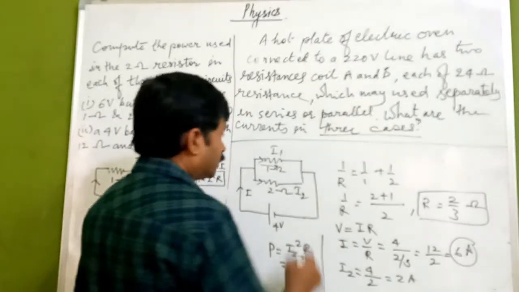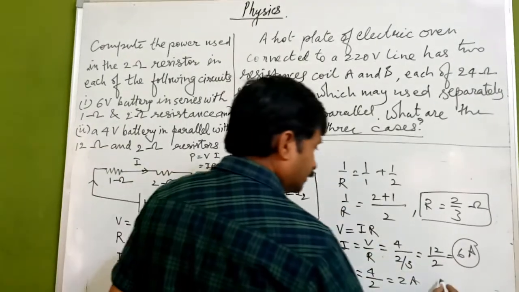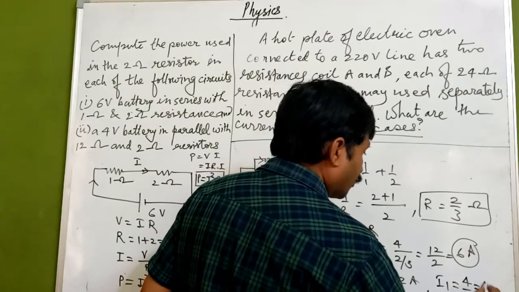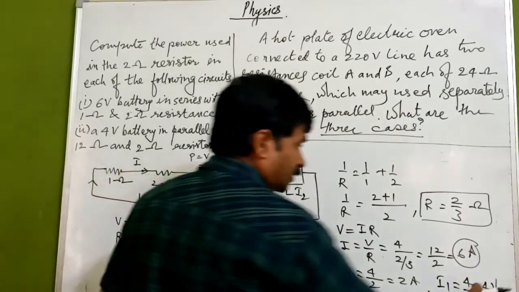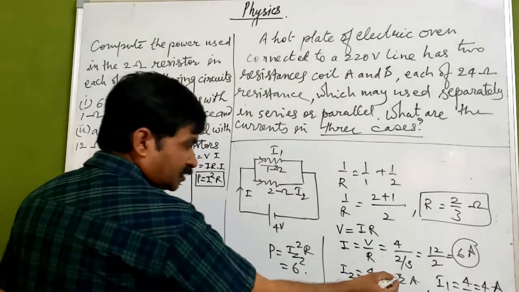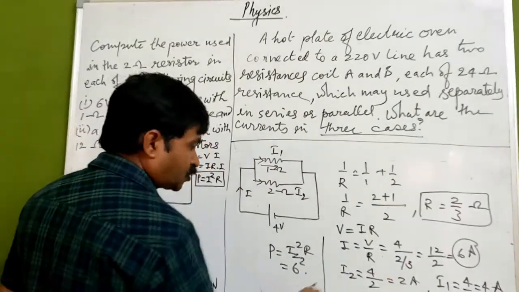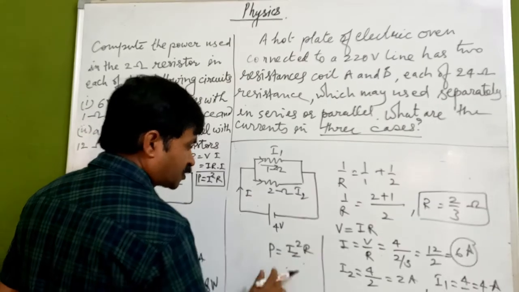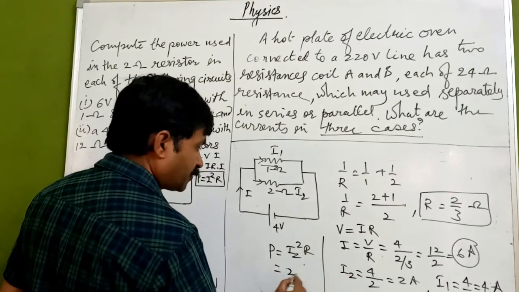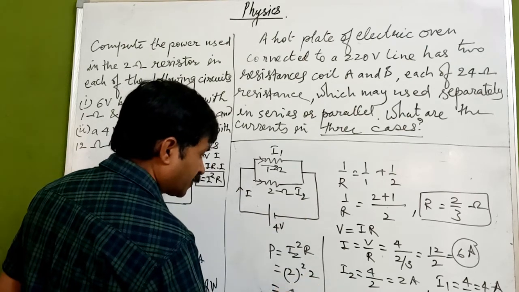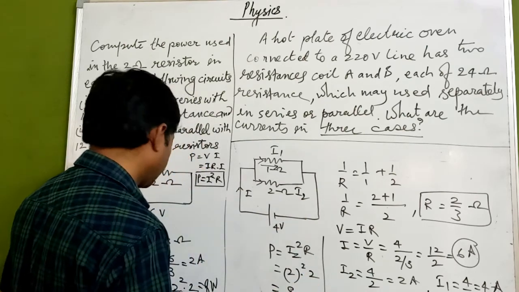Similarly, I1 will be 4 divided by 1, that is 4 volt, 4 ampere, sorry. So we get the value of I2 equal to 2, and we can substitute it here: I2 square, that is 2 ampere square, into R which is 2, so 8 watt.